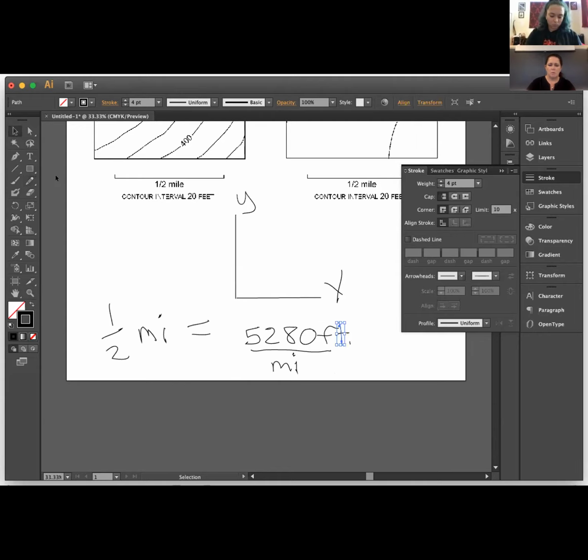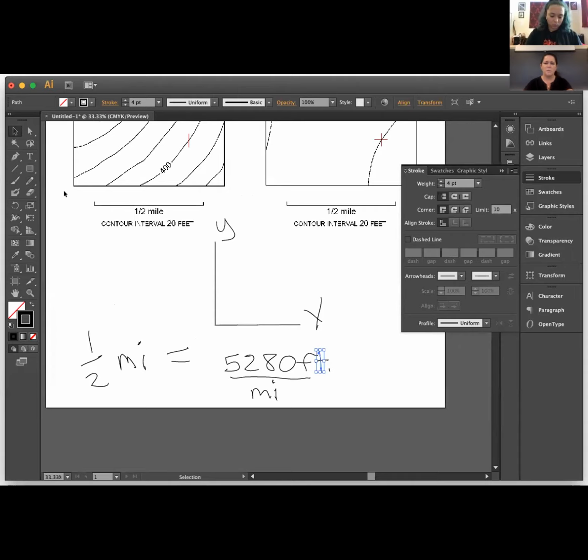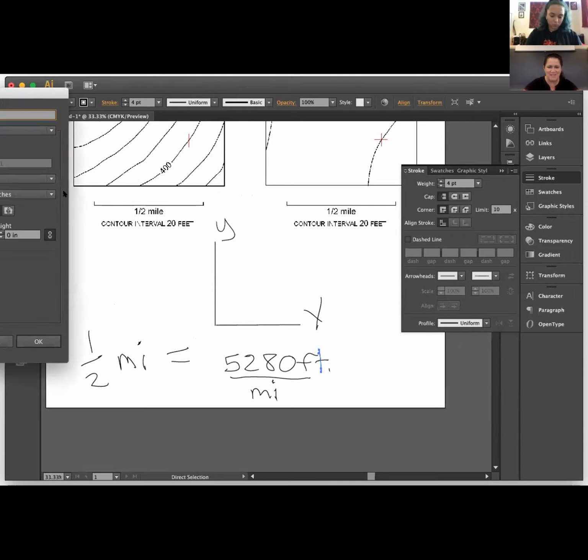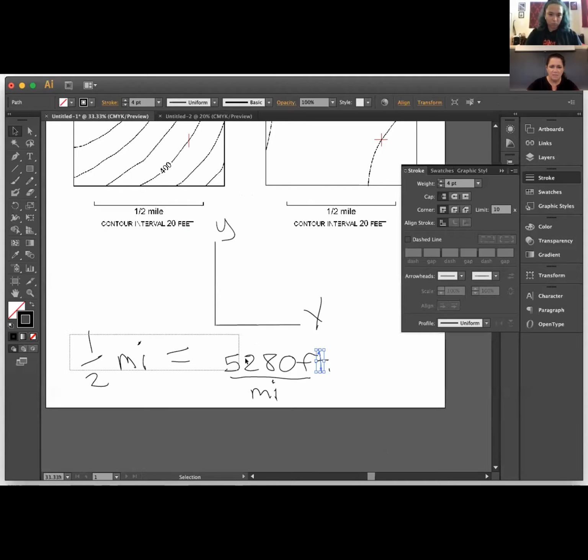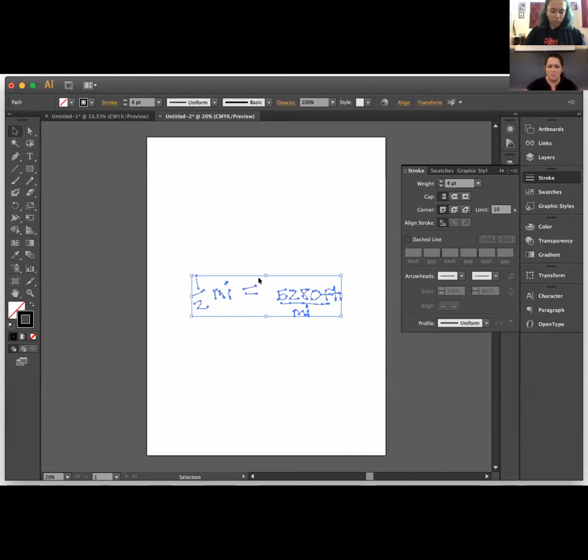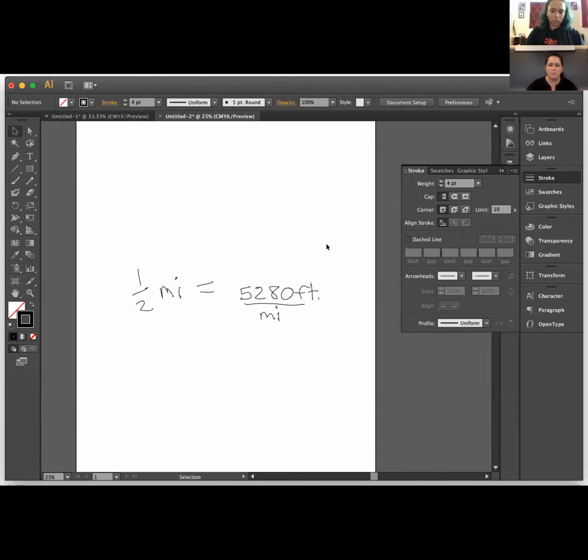Here, let me take a step. Sorry, I need more space to work. I need a new page. There we go. Where'd my page go? Take this stuff, copy, page. Okay, I should actually ask you before I just wing it and do this. A half mile doesn't equal 500 and I shouldn't have put an equals sign there. What I meant to do was get rid of the equals, that'll help.